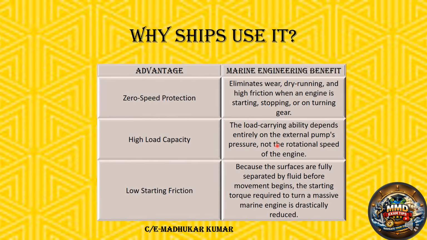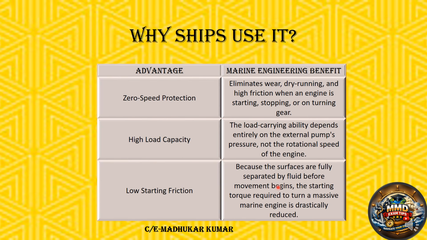The separation is sufficient. High load capacity. The load carrying ability depends entirely on the external pump's pressure, not the rotational speed of the engine. So we have the separate lube oil pump. We start that, and the load is already being taken by the lube oil. Low starting friction, because we already have the separation. There is no friction because the surfaces are fully separated by the fluid before any movement starts.